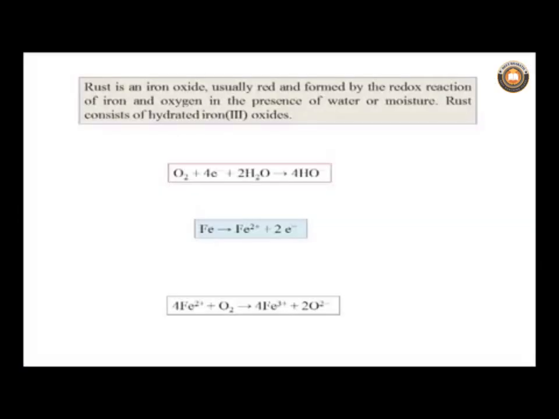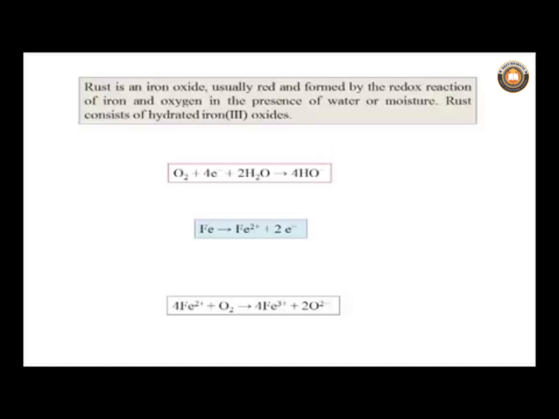So, the rusting process, what we are seeing here: rust is an iron oxide, usually red, formed by the redox reaction of iron and oxygen in the presence of water or moisture, and it consists of hydrated iron(III) oxides.